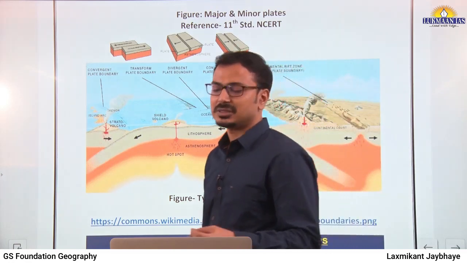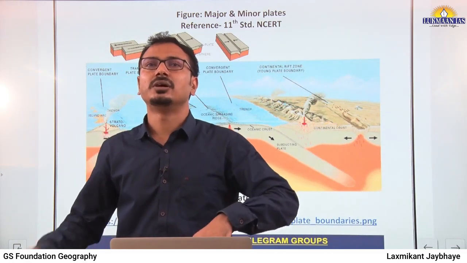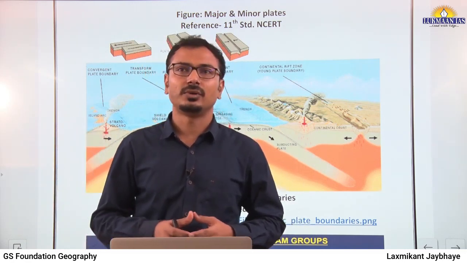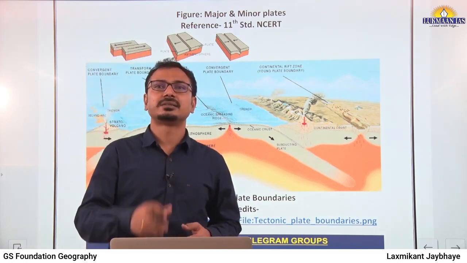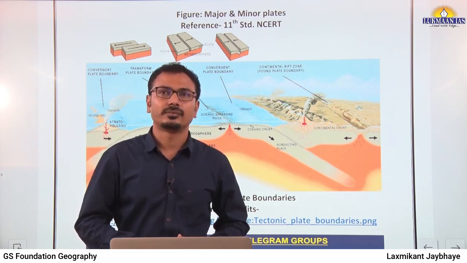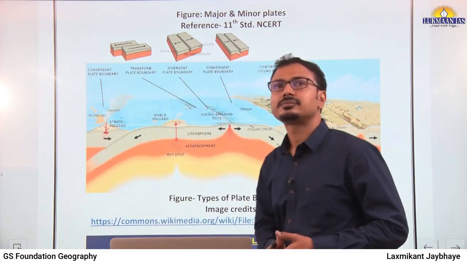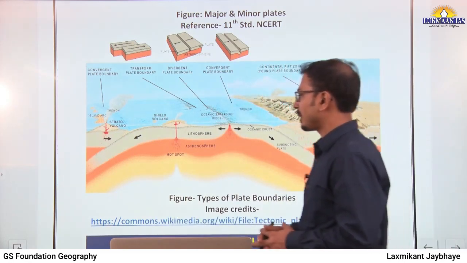Whenever water vapors are present in a volcanic eruption, a huge explosion happens in those volcanoes. Explosive volcanoes are those which have some kind of gaseous ingredients. Is this clear? Any other question?